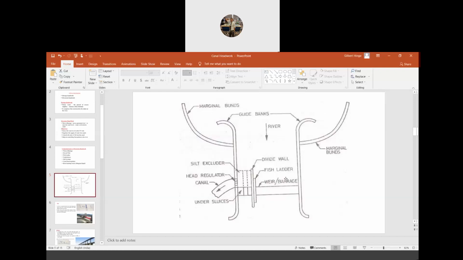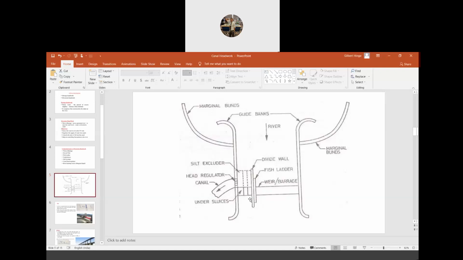Then we construct one divide wall to separate the weir and barrages from the sluice gate. Along with the divide wall, we provide some fish ladder so the fish can travel easily from the upstream to the downstream without any disturbance as a result of this construction.